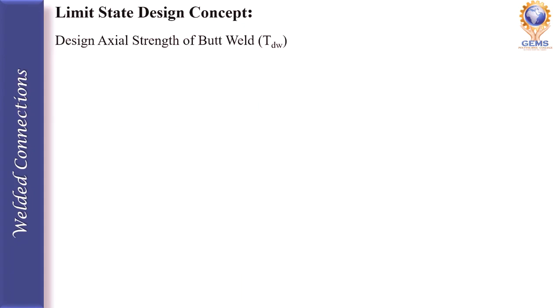The design procedure. First is the limit state design concept as per IS 800:2007. The design axial strength of butt weld is equal to the effective cross-sectional area into the design axial stress in weld and member.